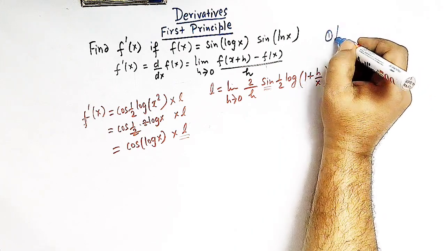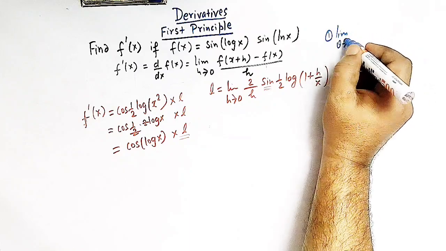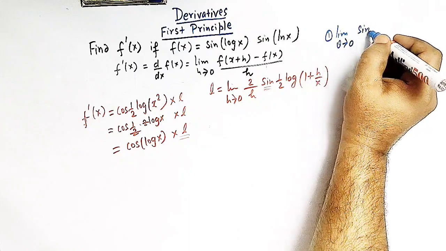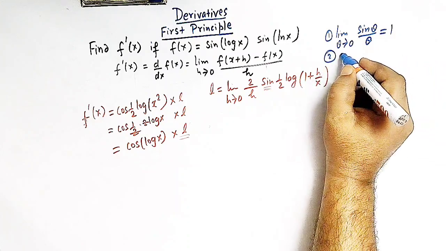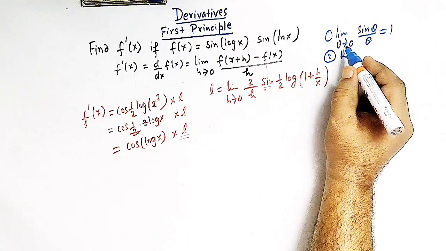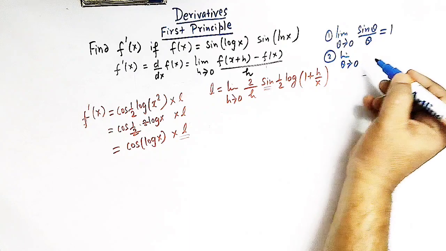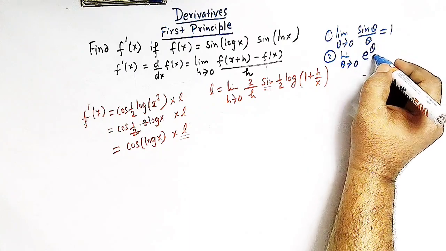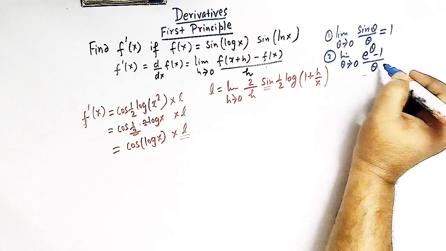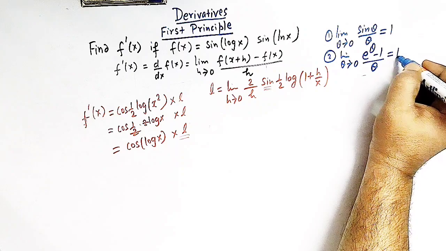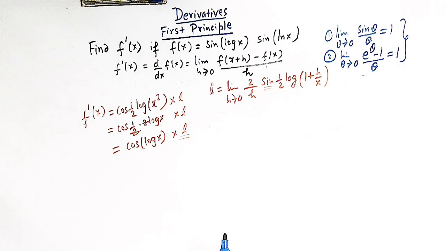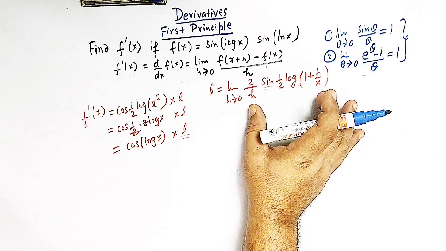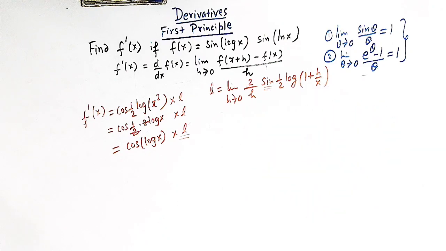So the first one is limit theta tends to 0, sine theta over theta is equal to 1. And the other important result is limit theta tends to 0, e raised to theta minus 1 over theta is equal to 1. So these two results are going to play a vital role in finding out the value of this limit.